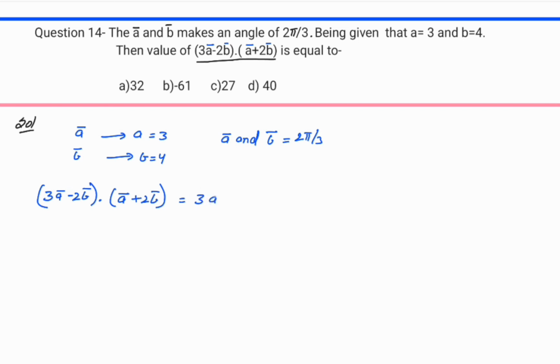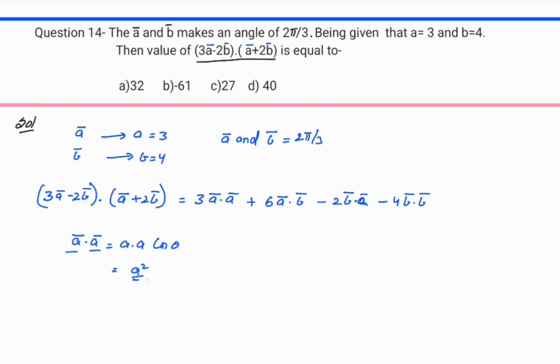You will get 3 vector A dot vector A plus 6 vector A dot vector B. Okay, then minus 2 of vector B dot vector A, minus 4 of vector B dot vector B. Okay, we know what is the meaning of vector A dot vector A. Vector A dot vector A will be equal to A dot A cos 0, because the angle of vector A from vector A is 0, and cos 0 is 1.